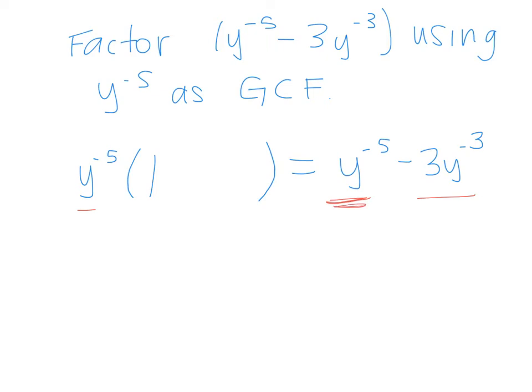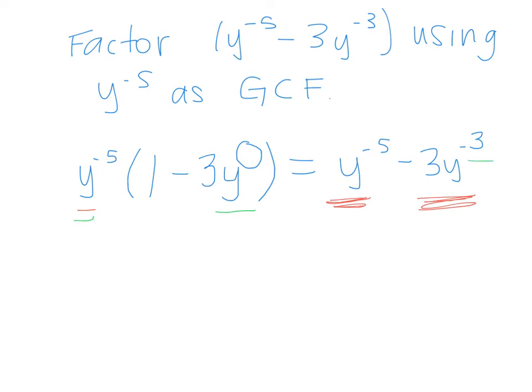Now we are going to figure out if we take a y to the -5 out of the second term, what's left over? Well, there's a -3, and then it's going to be a y to some exponent, which we do not know. But if we think about going backwards, when we multiply y to the -5 times whatever this term is, we know that those exponents are going to add up to a -3.